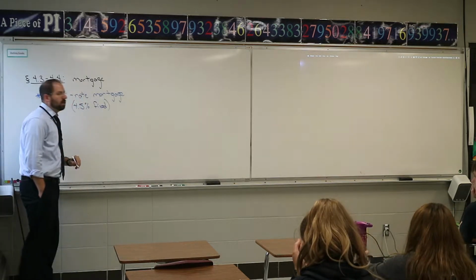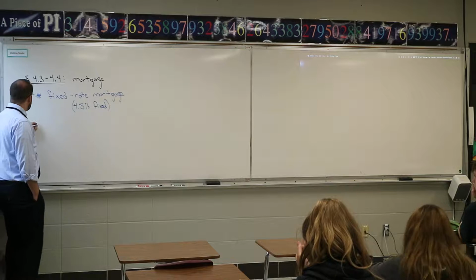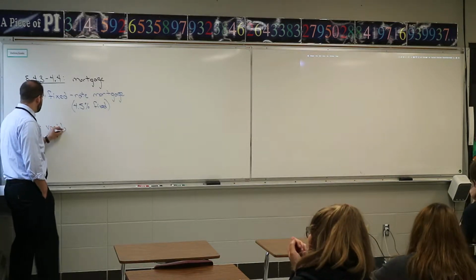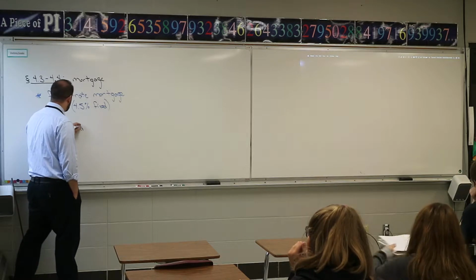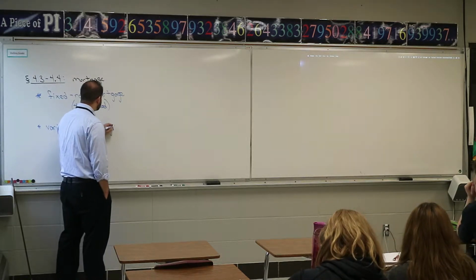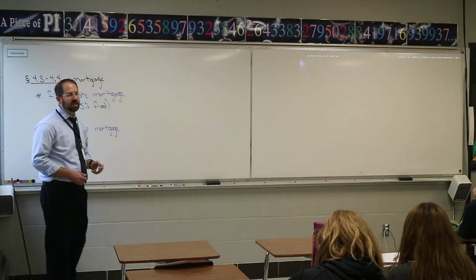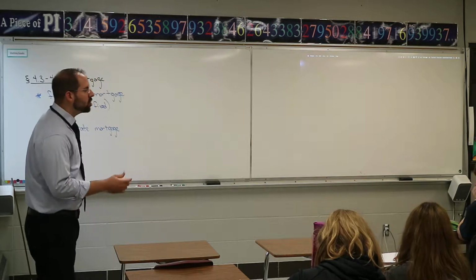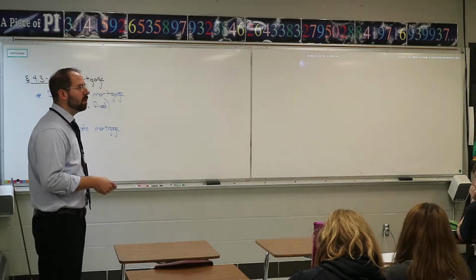Now, the other way to do this is called a variable rate mortgage. And this mortgage can change depending on the years that you've spent. So what variable rate can mean, this applies to your student loans if you're going to college, is that they can change the rate based on the year.